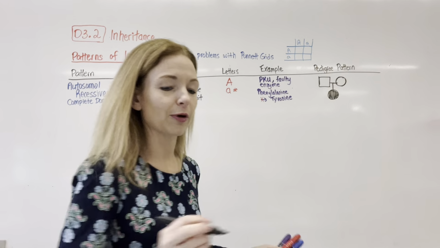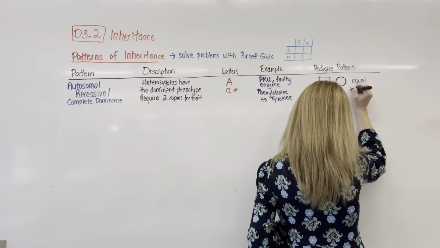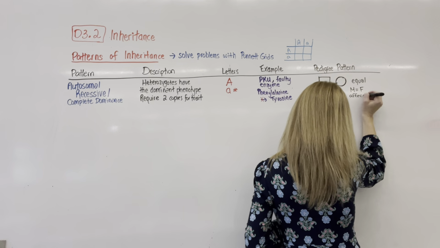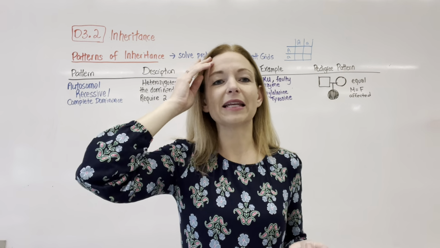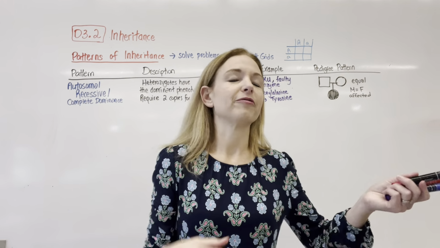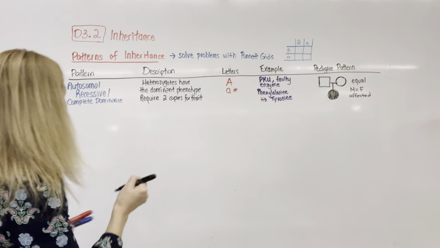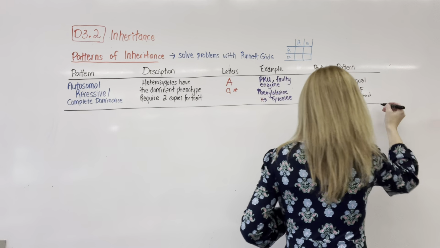If it was a son, we would also want to check gender ratios. So equal male to female affected. So we don't see any difference in the number of males and females overall, no significant difference. So you might have slightly more of one than the other, but there's not an overwhelming gender pattern. Okay, so that is autosomal recessive complete dominance.